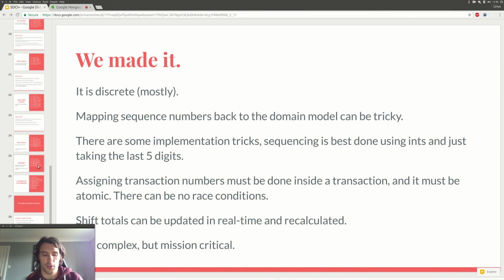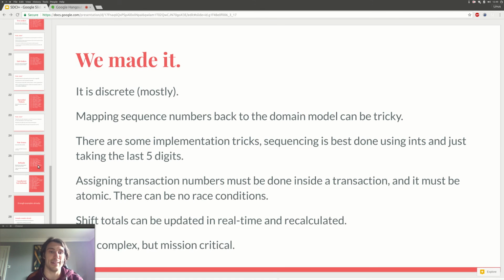So one of the things you can do on that is to just use ints with the usual 64-bit upper boundary, and only take the last 5 digits of that integer, and then that will naturally roll over. So when it gets to 99,999, it goes to 100,000 after that, but you're only taking the last 5 digits, so it looks like 0. But you have the correct numbering, because you can still order.